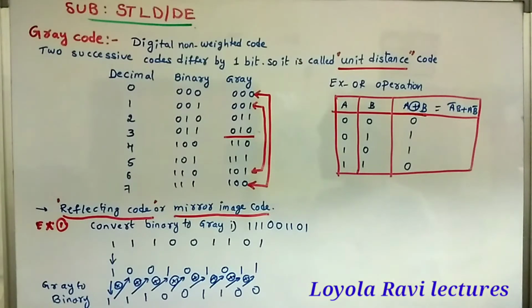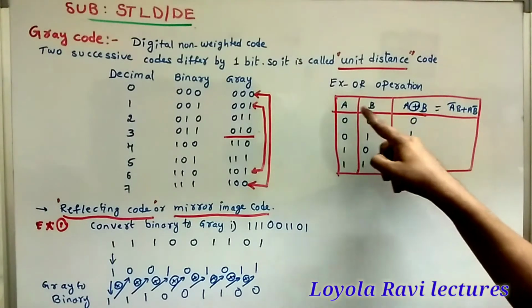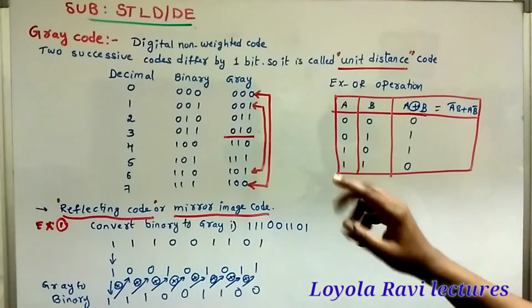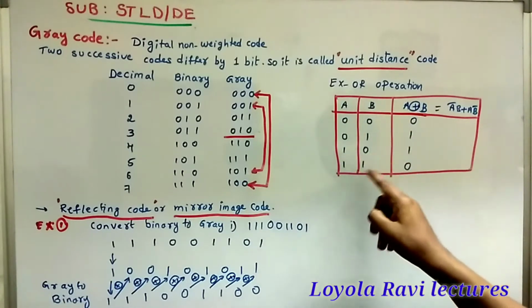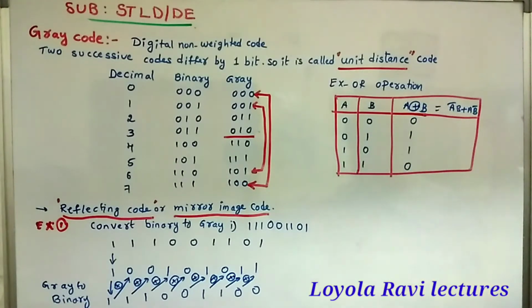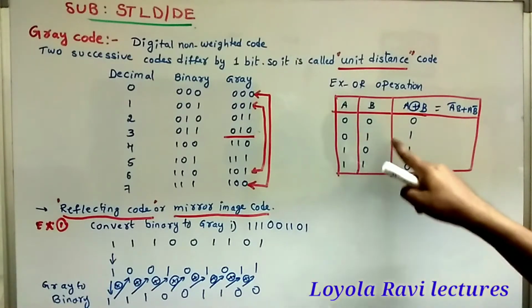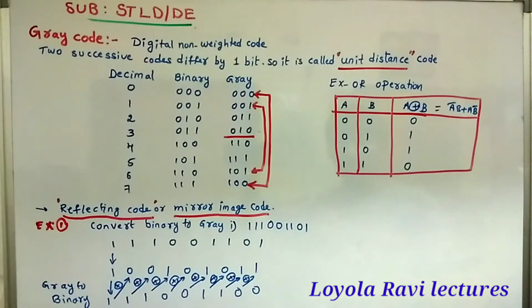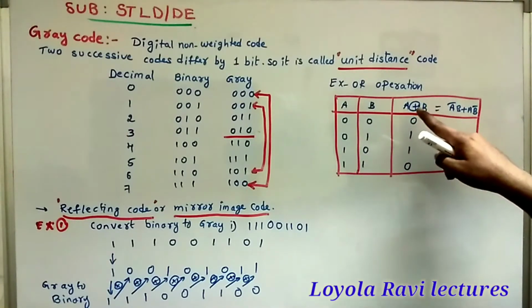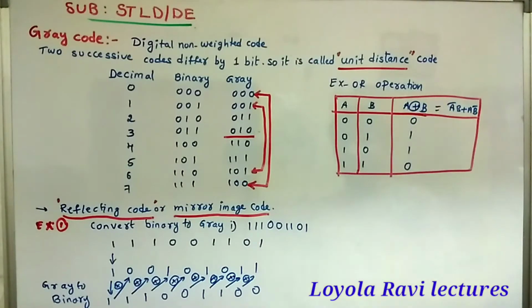What is the XOR operation, we will see first. For example, I am taking two inputs, A and B, with all four possible combinations: 00, 01, 10, 11. The output is A XOR B, which may be A bar B plus A B bar.